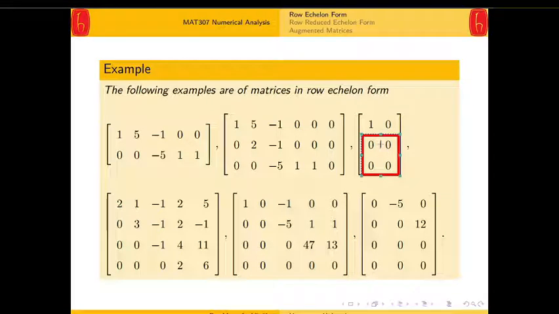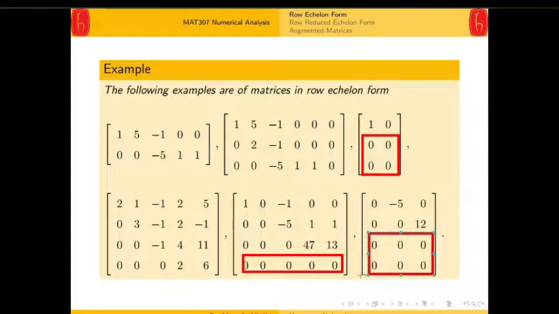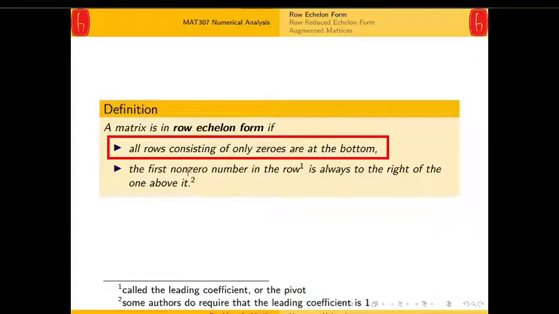Are they at the bottom? Yes, they are. And here we also have the same thing, and also here. So all the rows with all zero entries are at the bottom.